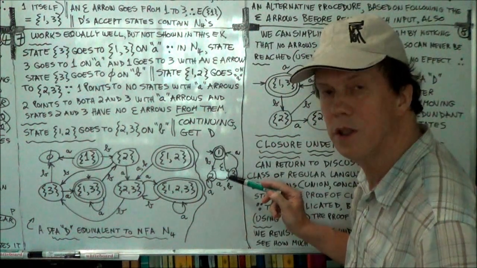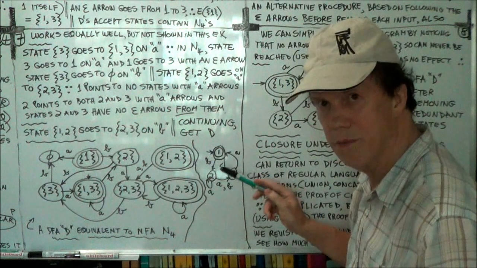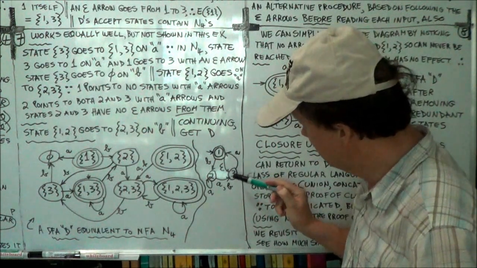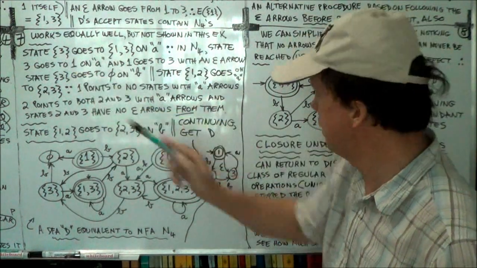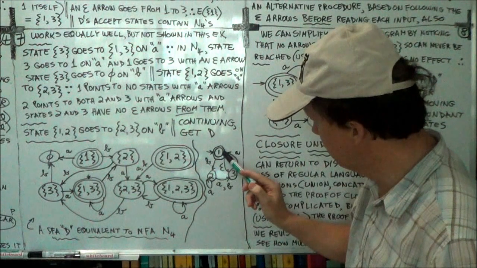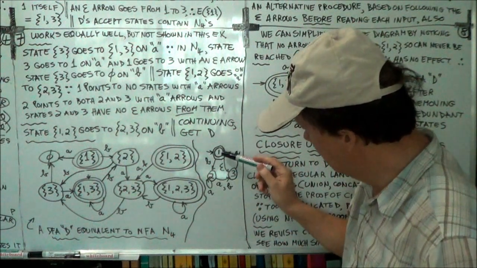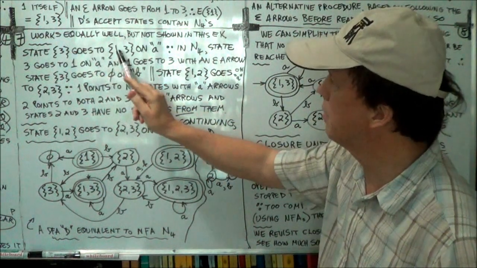You don't have to wait for the reading of the next input symbol. That's what eta does, it just goes immediately to the next one. So 3 here, when an A comes in, it'll go to 1, and 1 has an eta, so it'll go back to 3. So this will go to 1, 3.